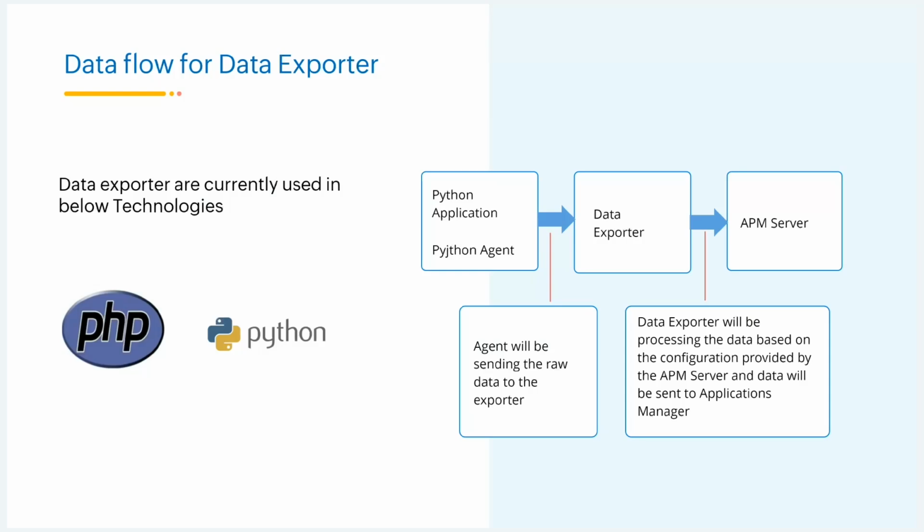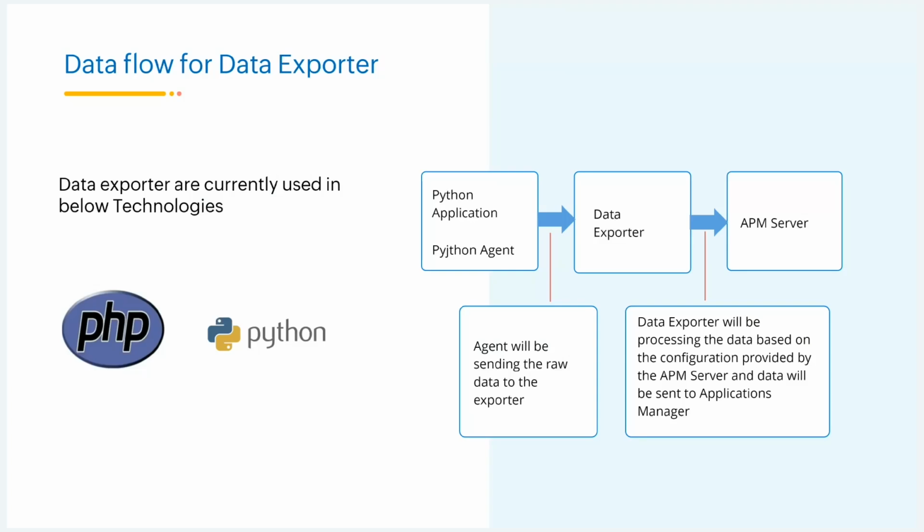The data exporter processes the collected data to aggregate, filter, and format it appropriately for transmission. This step will involve organizing the data in a way that is compatible with the Applications Manager server's requirements.